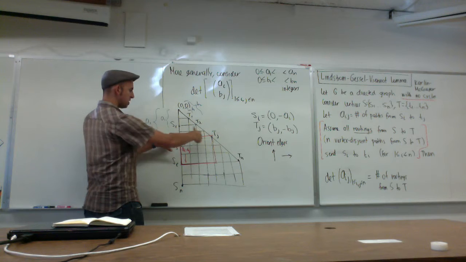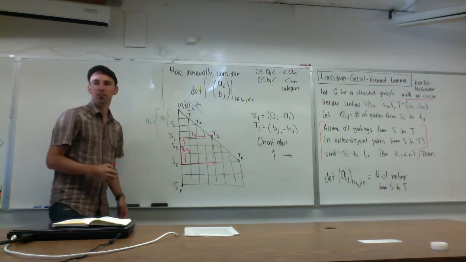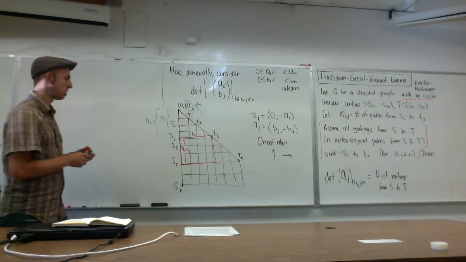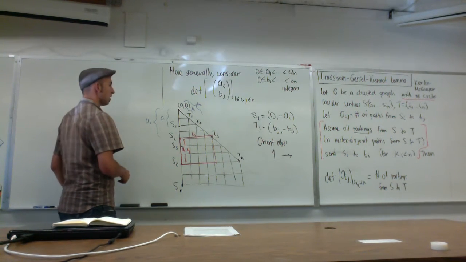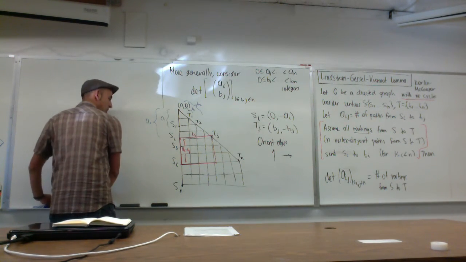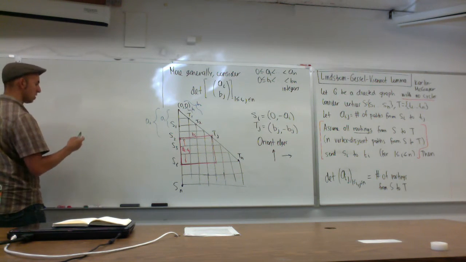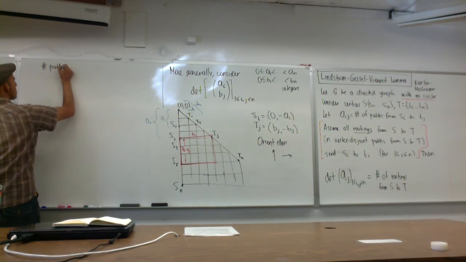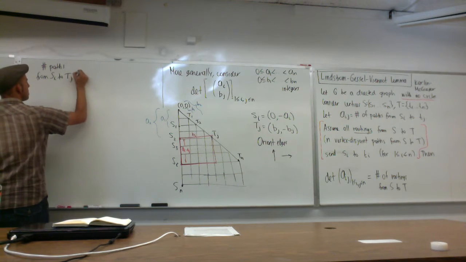This is Bj, and this is Ai. So I get that. Okay? So that means the number of paths from Si to Tj is what?